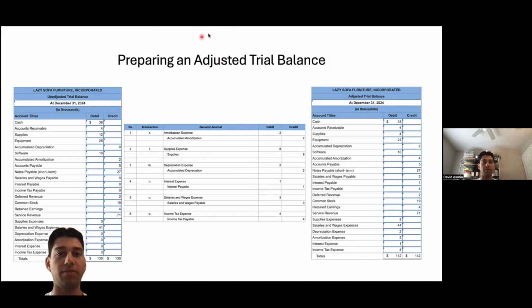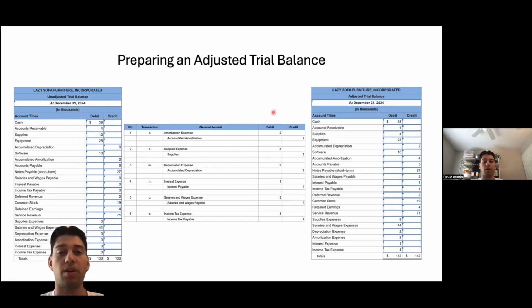We have preparing an adjusted trial balance. So for the adjusted trial balance, we take into account the previous unadjusted trial balance that we have here, and then we add the adjusting journal entries that we just did before, and we basically do the same thing.